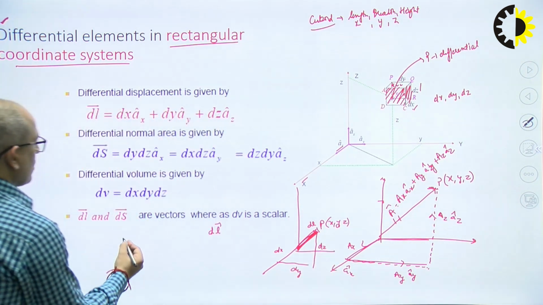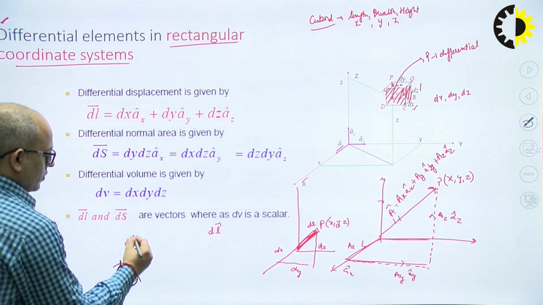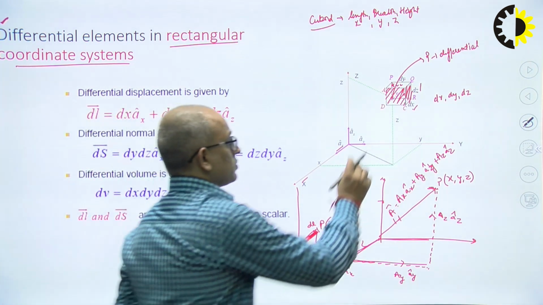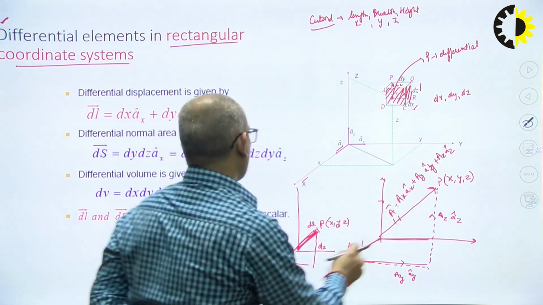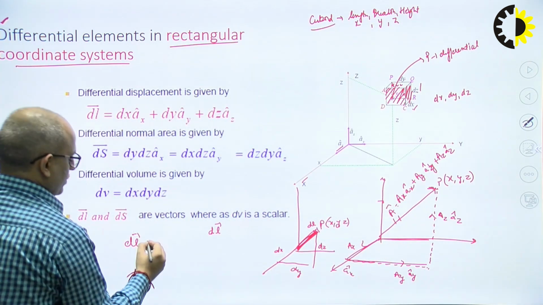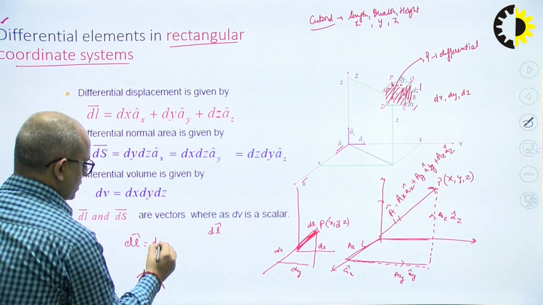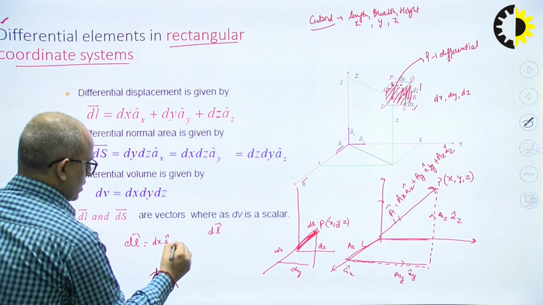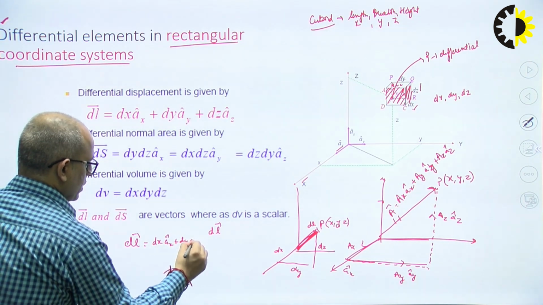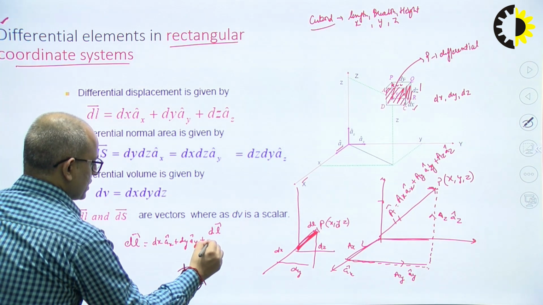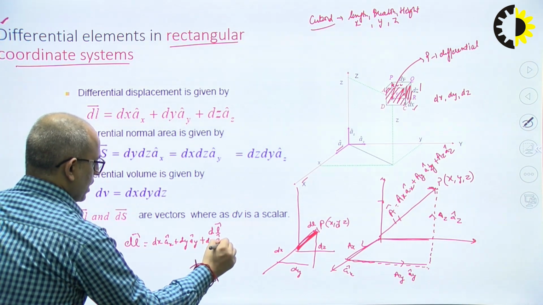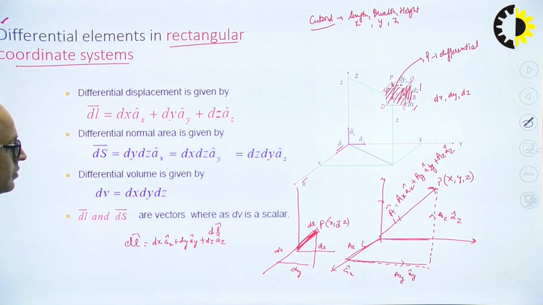So the differential length dl will be equal to dx a cap x plus dy a cap y plus dz a cap z. Clear?